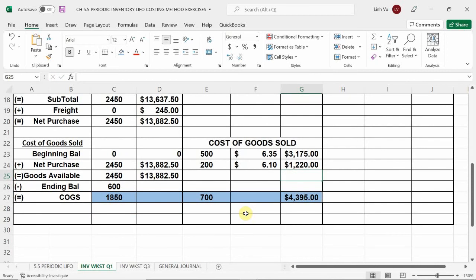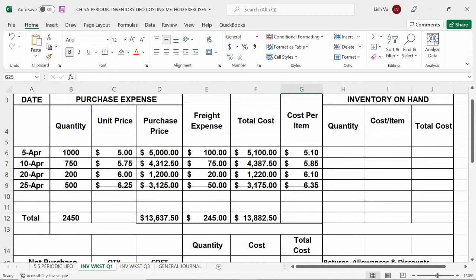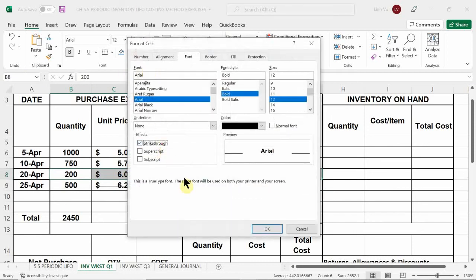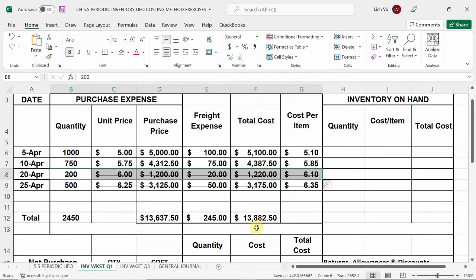So in this case, I eliminated my batch that I purchased on April 20th. So therefore, which batch am I going to take out from next? April 10th.